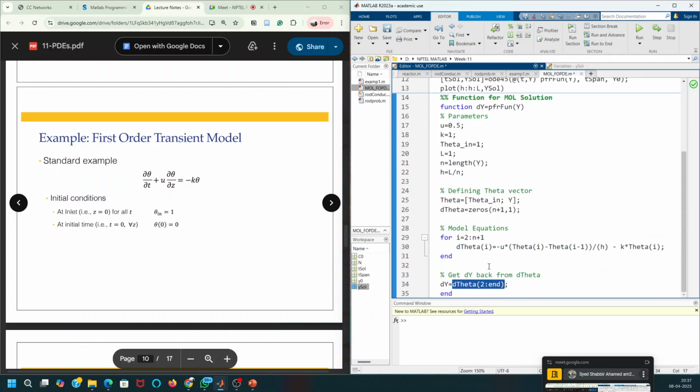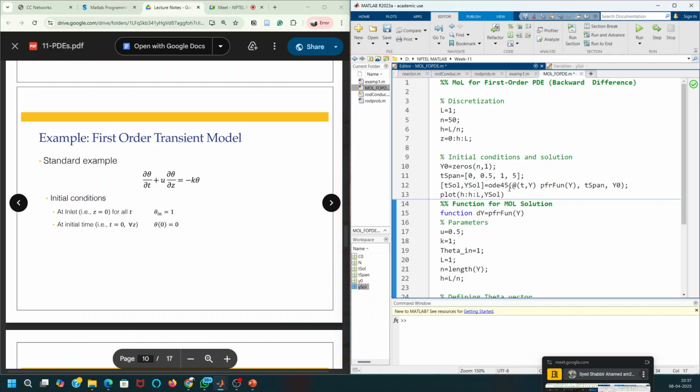After that, I will have to solve these ordinary differential equations, so again we will use ode45. The PFR function will give all the ordinary differential equations.